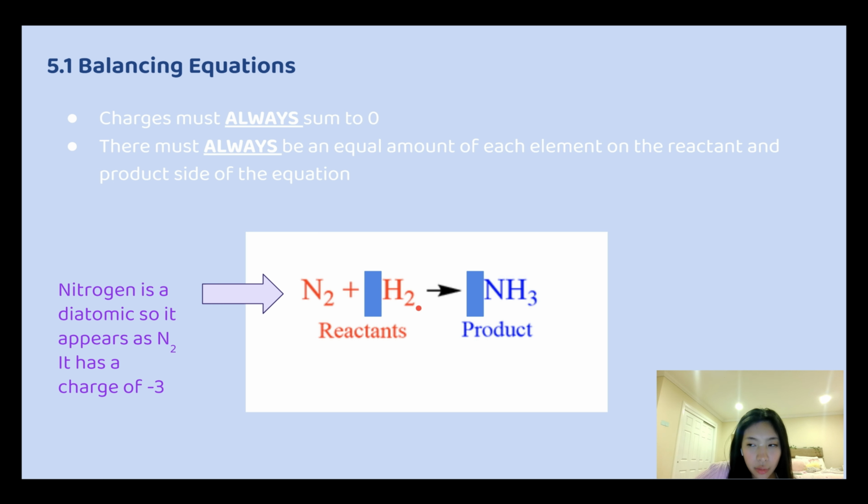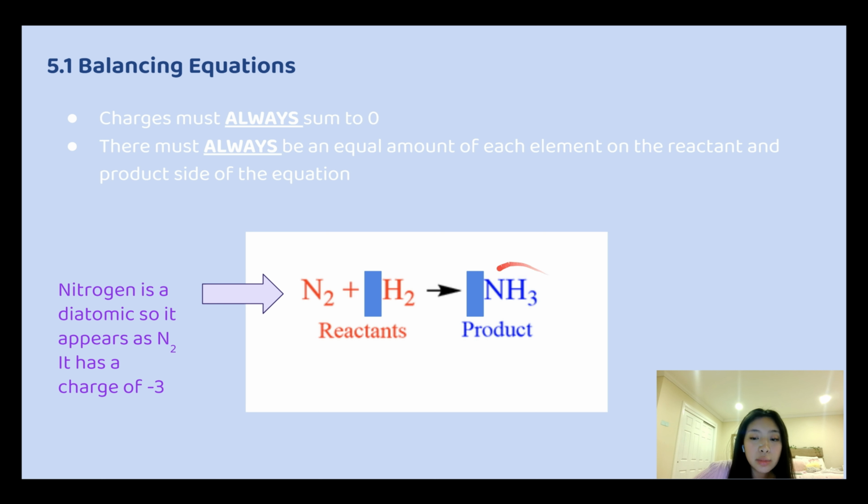Okay, so when we're balancing the equation, we need to look at charges, right? The reason why we're given NH3 instead of, like, NH is because hydrogen has a +1 charge, whereas nitrogen has a -3 charge.